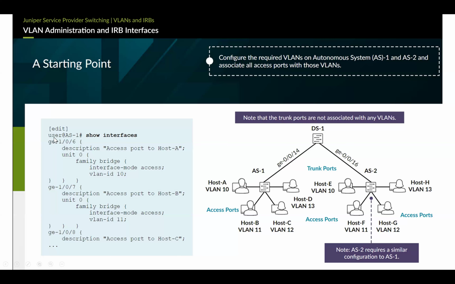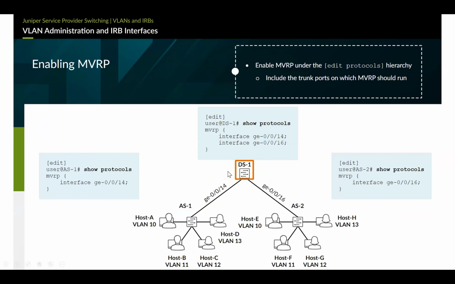So this is the sample configuration. Basically the MVRP configuration is like this. Just set protocols MVRP and attach the interfaces which are connected between the switches. Set protocols MVRP interface ge-0/0/14.